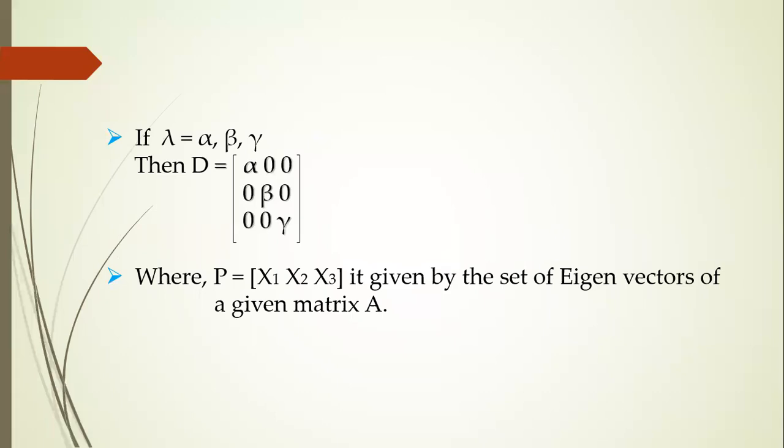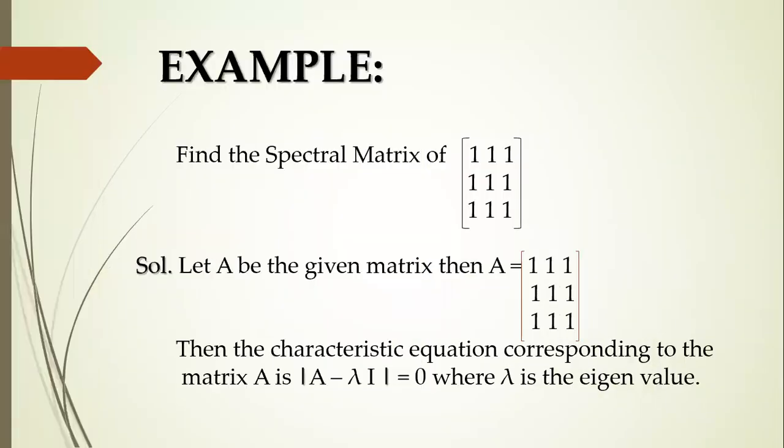Now, moving on to the next slide. Example of a spectral matrix: find the spectral matrix of the 3 by 3 matrix with all entries 1.